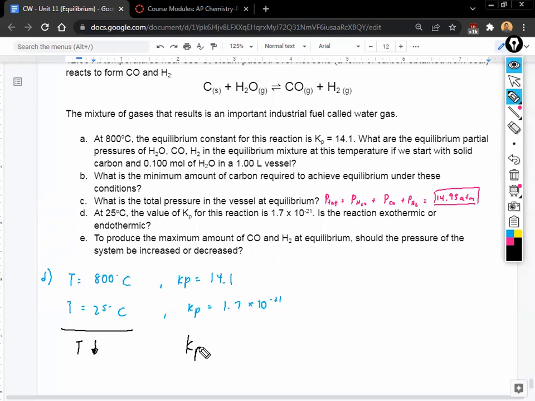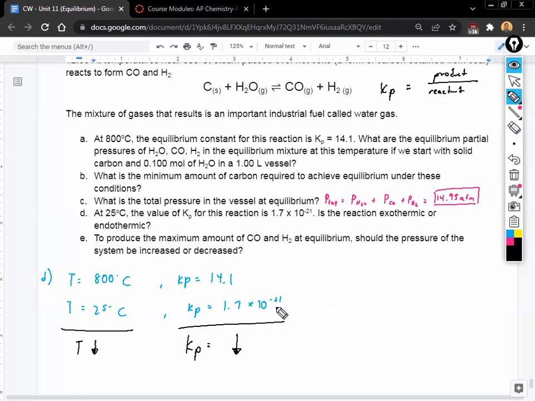And then if the temperature decreases, what happened to the Kp? Did it increase or decrease? Yeah, it decreased a lot, right? So temperature decreases, the Kp decreased. So if the Kp decreases, does that mean we have more reactants or more product? Remember, the Kp formula is product concentration divided by reactant concentration.